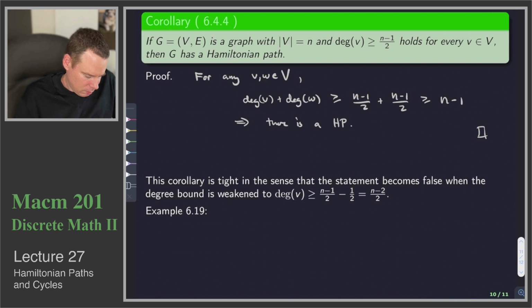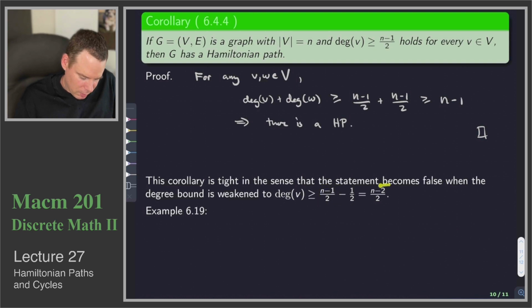We'll end with this statement here that says the corollary is tight in a certain sense. What this means is that if I drop this number at all, then we run the risk of the result not being true, in that there is a counterexample. So here, I'm just going to drop that number by a half.